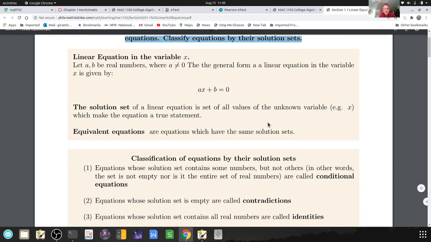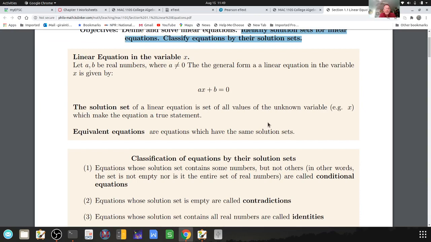So my definition is of a linear equation in the variable x. So remember, a variable is a letter that stands for a real number. That real number is an unknown number to us, but it always stands for a number.